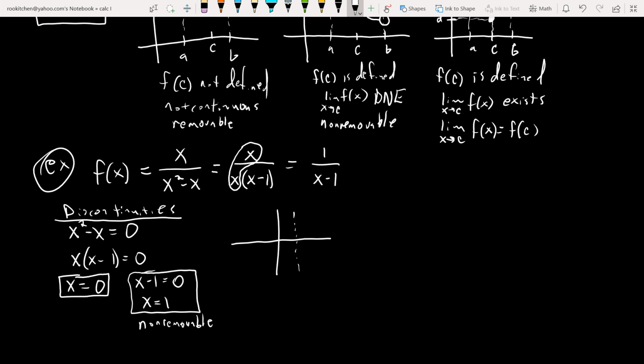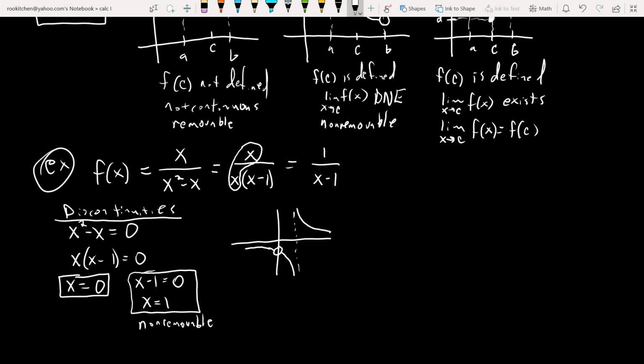And that's where the non-removable discontinuity is. But there's also going to be an issue at x equals 0, which will be y value -1. That's where the hole is.